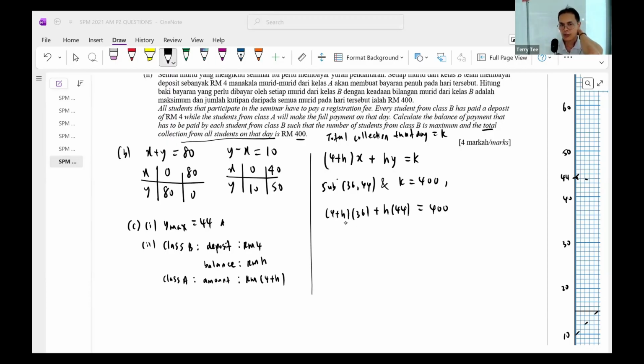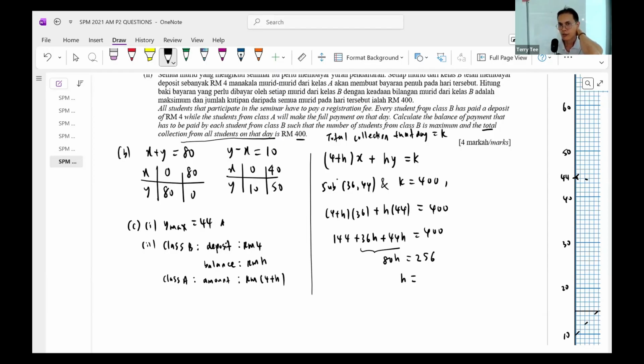So let's solve this. This one you can expand. 36 times 4 is 144. This is 36H plus 44H equals 400. 36 plus 44 is 80H. 400 minus 144 is 256, right?